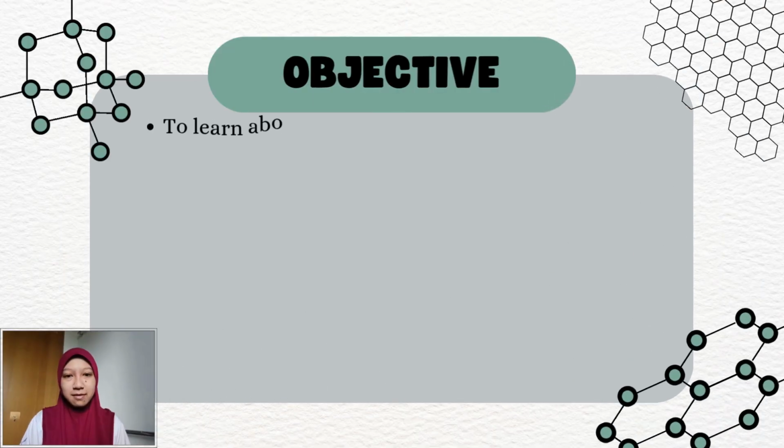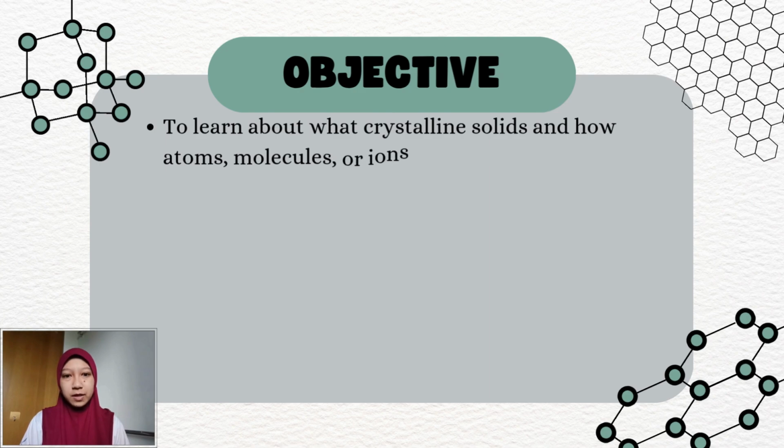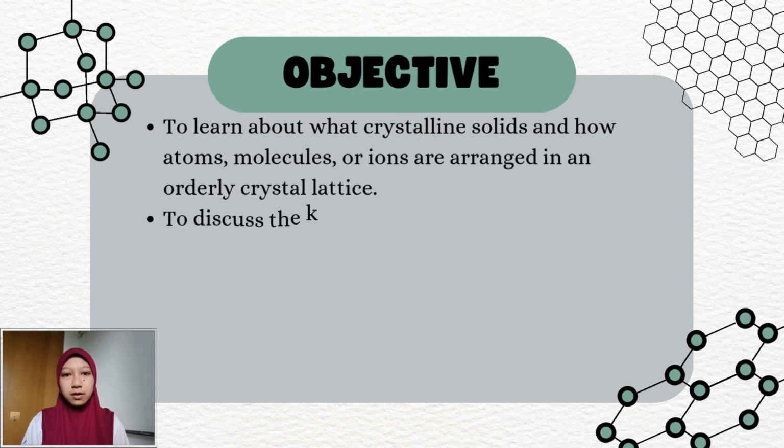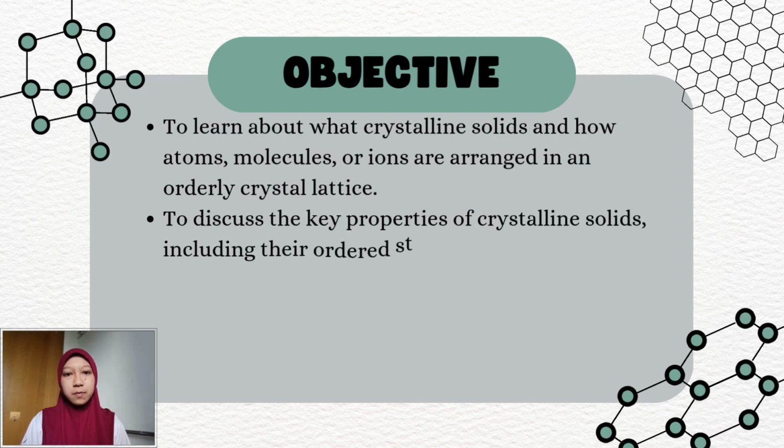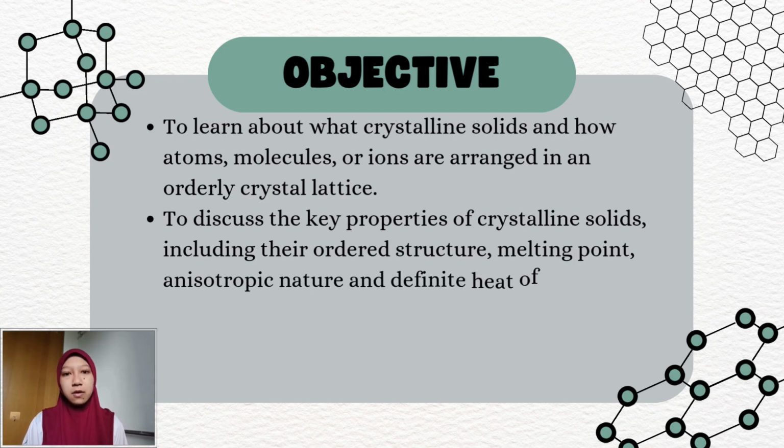Next, there are three objectives included in our video presentation. The first is to learn about what crystalline solids are and how atoms, molecules, or ions are arranged in an orderly crystal lattice.